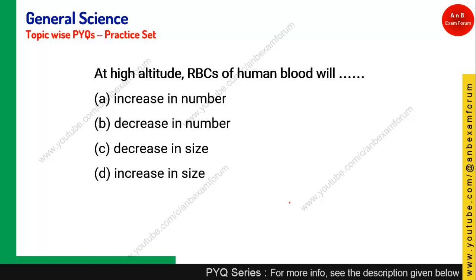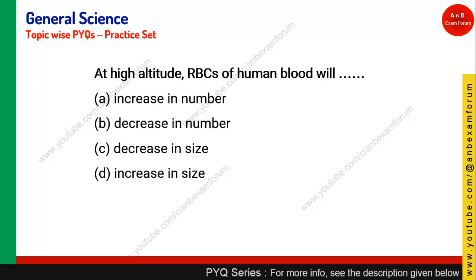At high altitude, RBC of human blood will what? If you go to high altitude, RBC of your blood will what? You can relate to that: at higher altitude oxygen will be less, so your body will demand more oxygen.